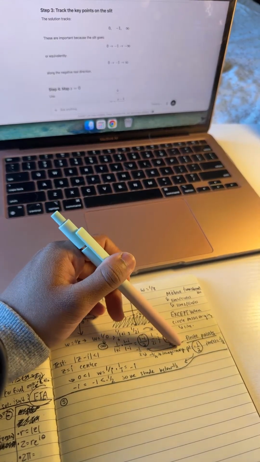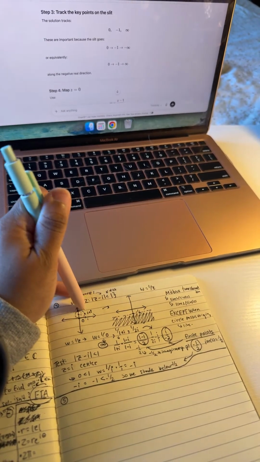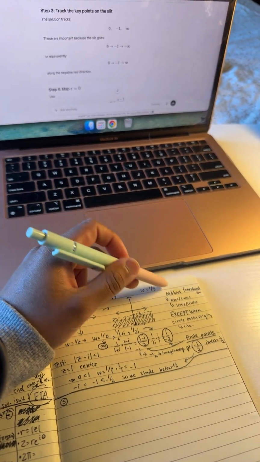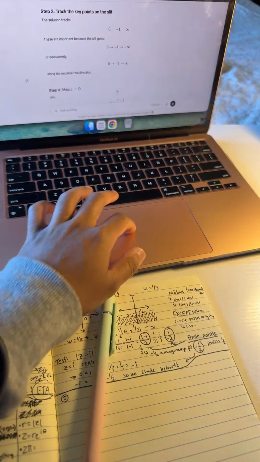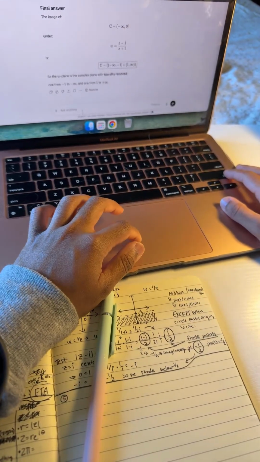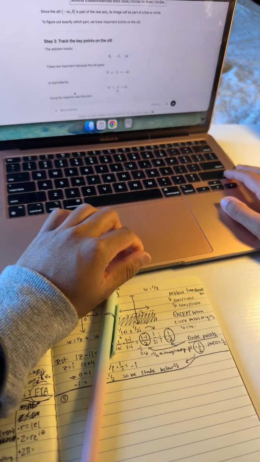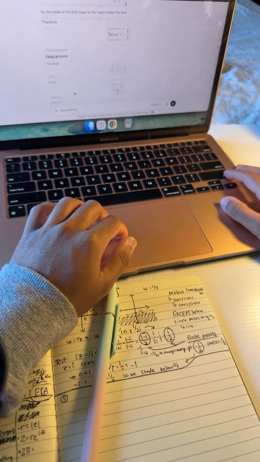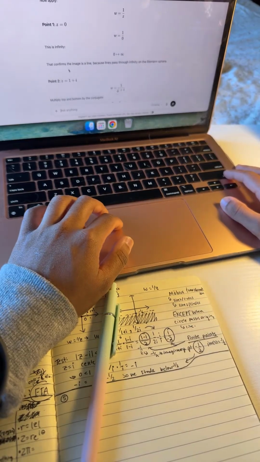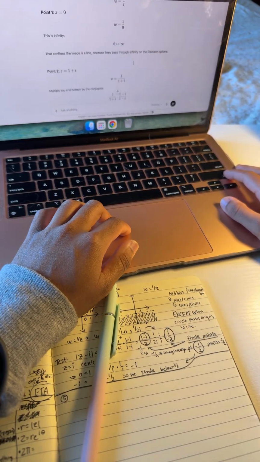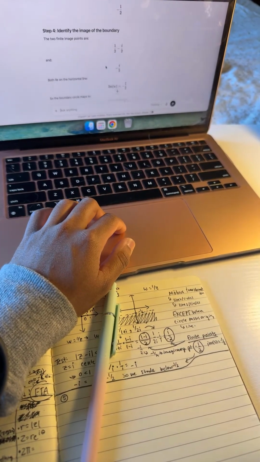So yeah, we look at the imaginary points and we draw it at negative half, right? Because the imaginary parts of these dots that we transformed with this Mobius transformation all pointed towards negative half. But my question is, why do we look at the imaginary parts? Identify the image of the boundary.